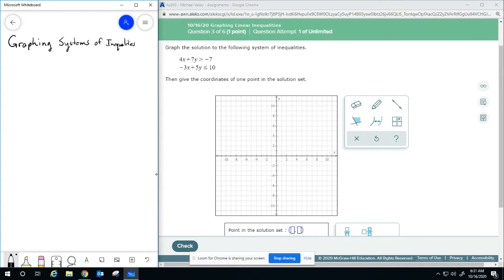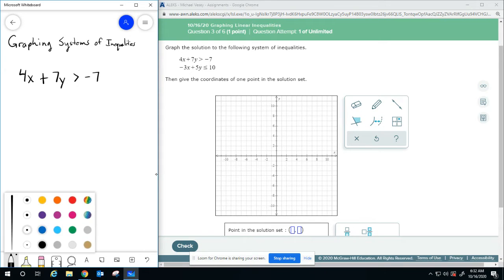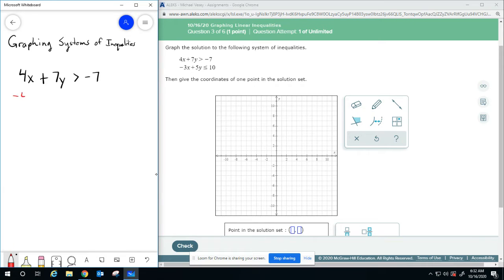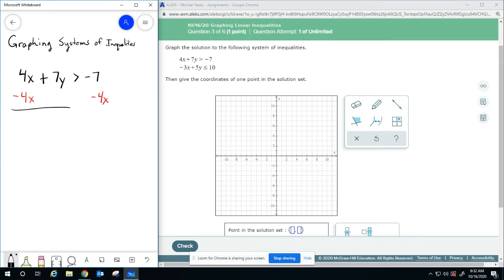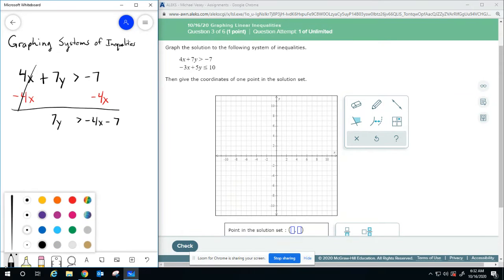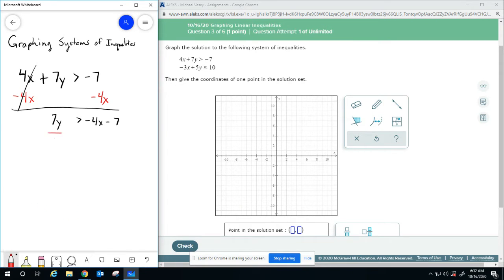I'm going to do it over here on my sketch pad. The first equation, or should I say inequality, let's do this. Take away the x term, and then divide by the coefficient of y.